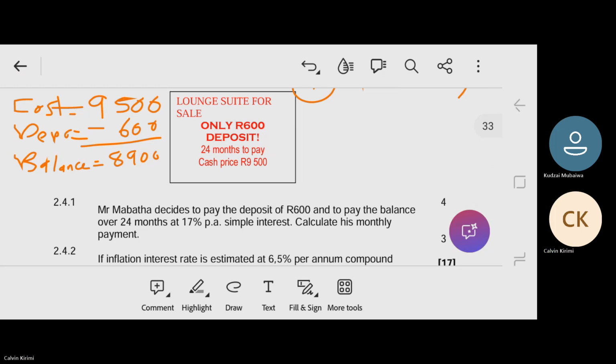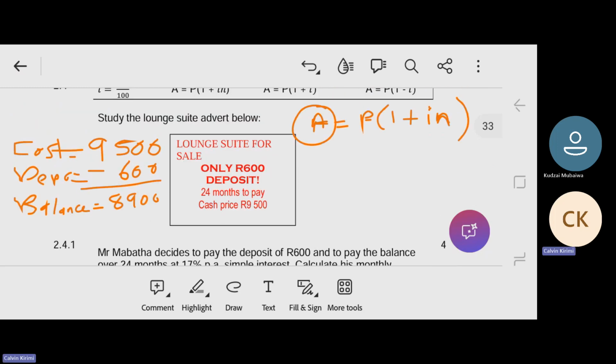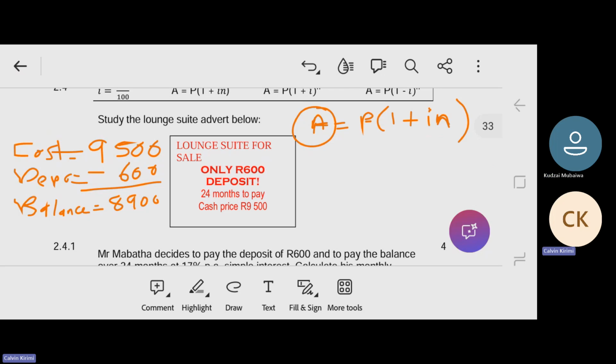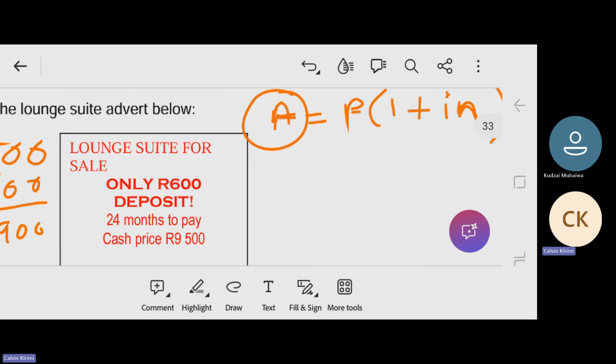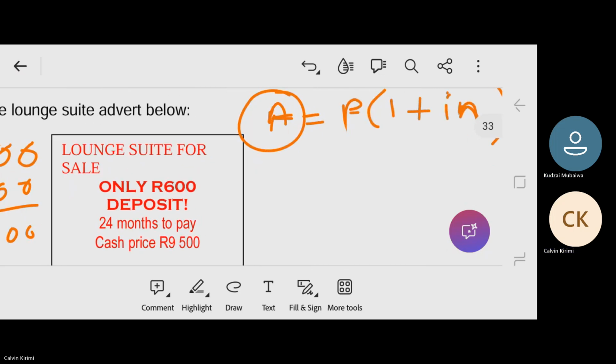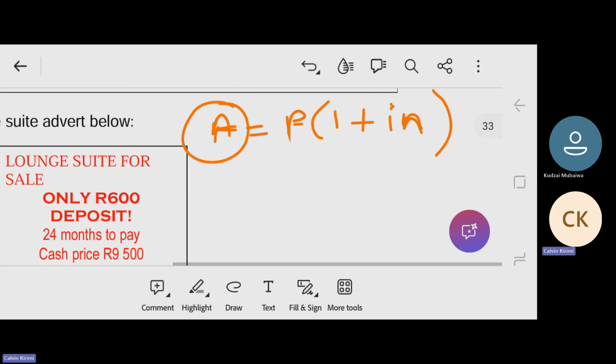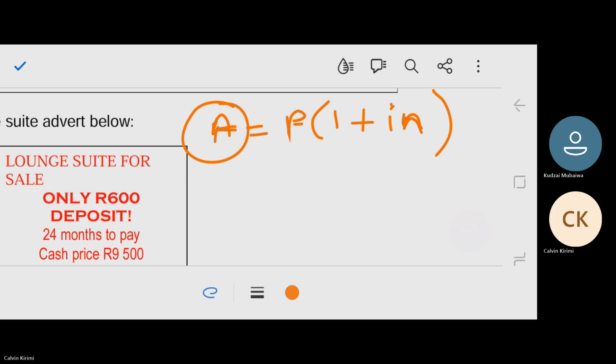So first, we want to know how much this amount is going to be with interest. I have paid already the 600. How much am I owing now? What I'm owing is going to be this one: A is equal to 8,900.